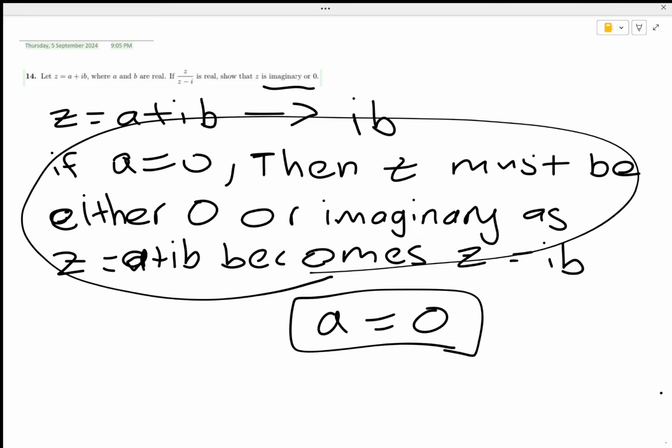So if a equals 0, then z must be either 0 or imaginary, as z equals a plus ib becomes z equals ib by itself.